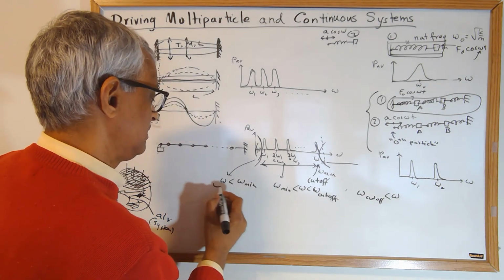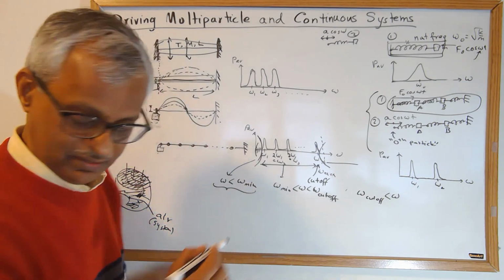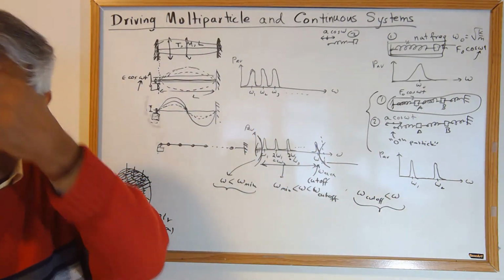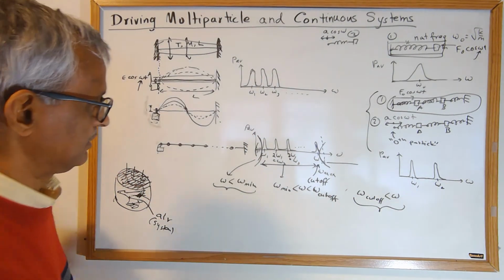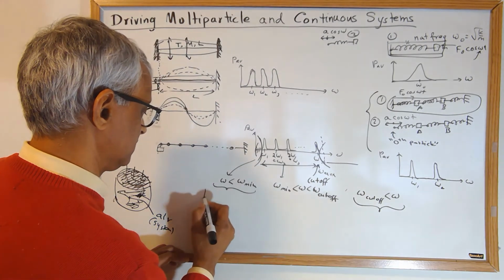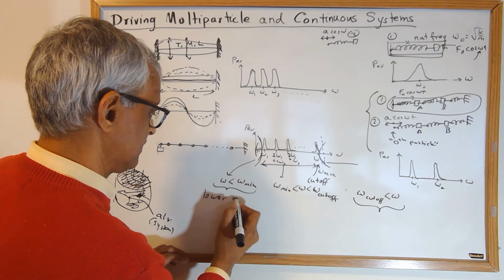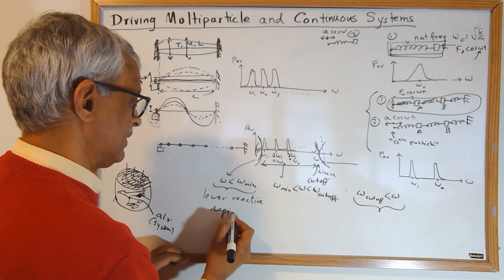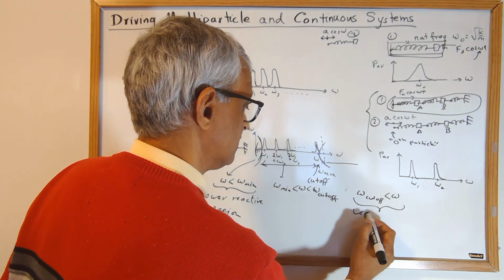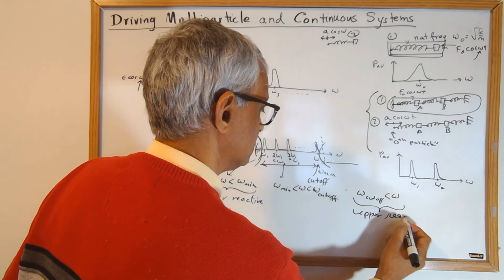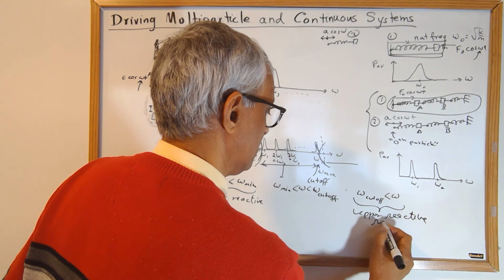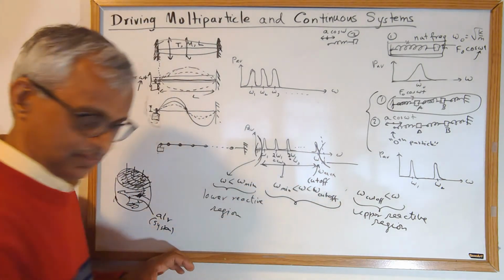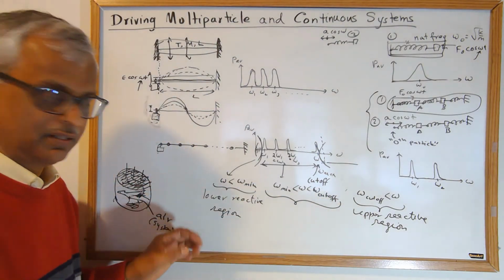So the names for these regions, you know, these are reactive regions, this is the lower reactive region, and this is the upper reactive region. And this part is the dispersive part.